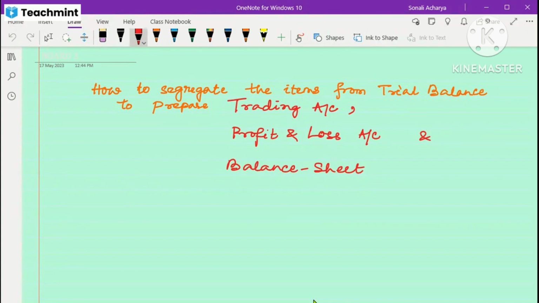Okay, first let us go by the accounting equation. In our previous classes, I taught you how, as per the accounting equation, we segregate the transactions. We know that assets equals liabilities. In a business, all assets are equal to liabilities.